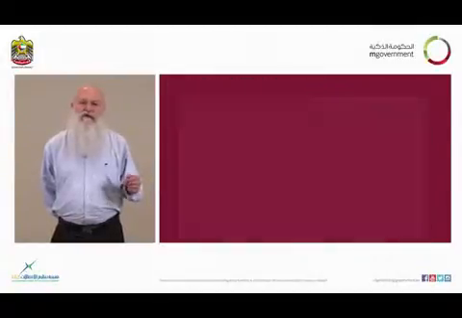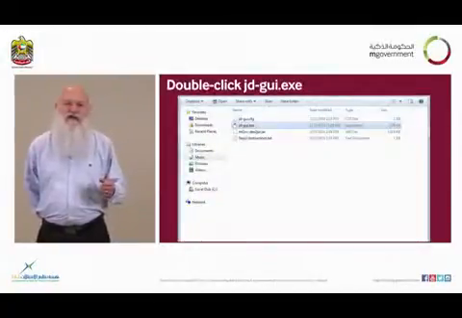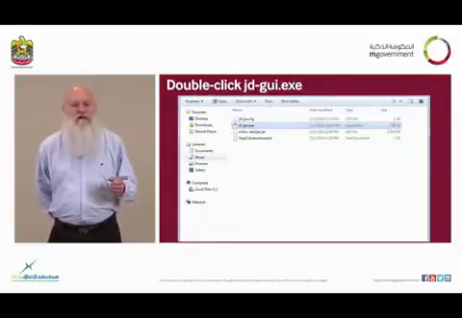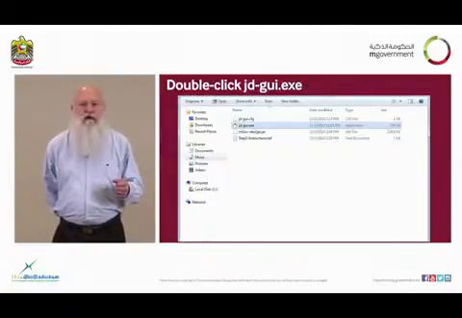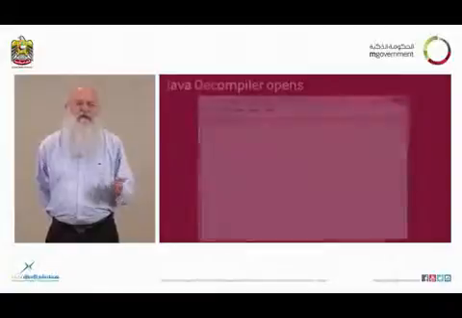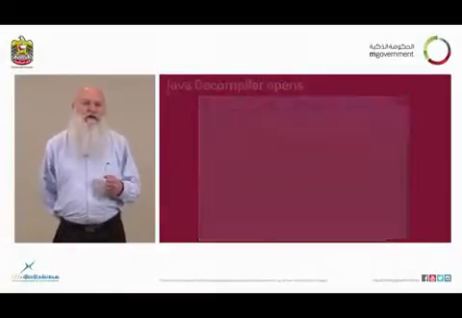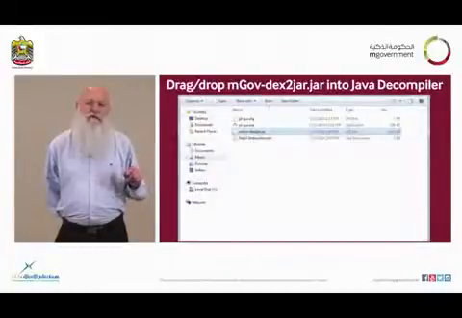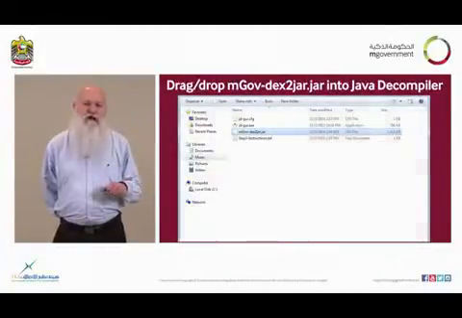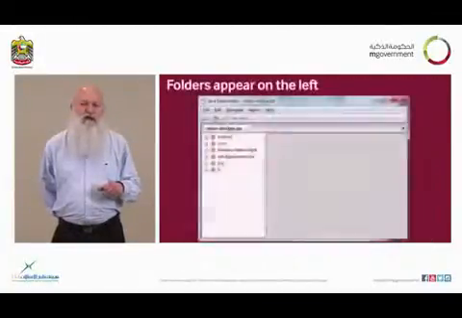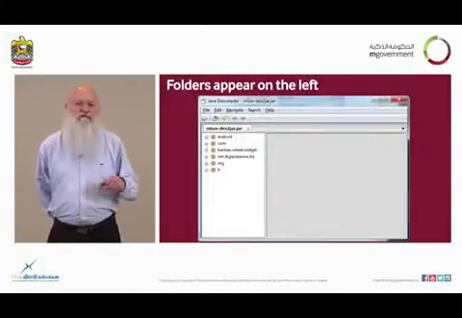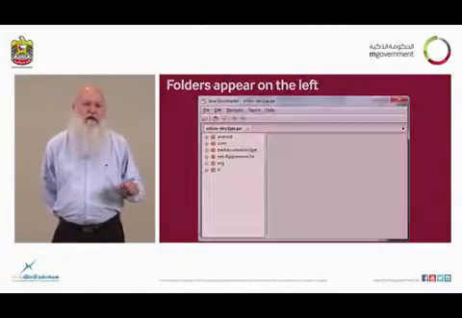It will tell you to double-click on the jd-gui.exe file. This is a Java decompiler graphical user interface. It should look something like this when it opens. Once it's opened, click and drag the APK file into the decompiler, and you will see a hierarchy of folders appear on the left side.